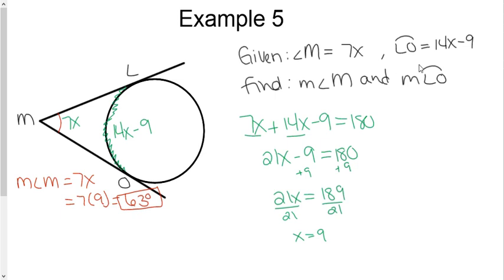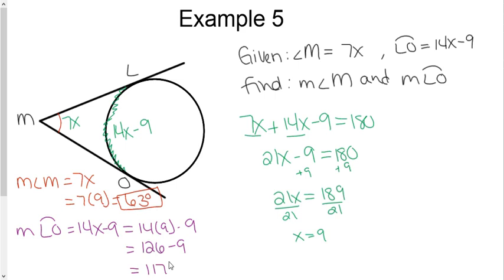Measure of arc LO was equal to 14x minus 9. So again, plug it in. I do 14 times 9 minus 9. Well, 14 times 9 is 126, and when I subtract 9, I get 117 degrees.